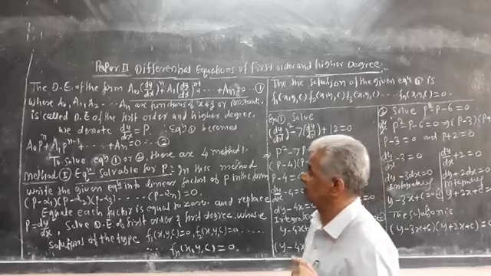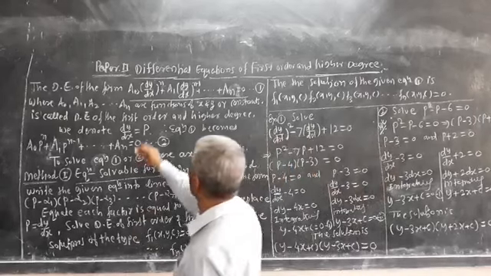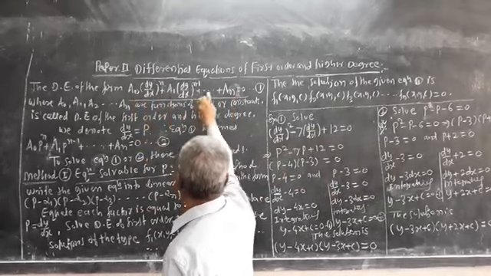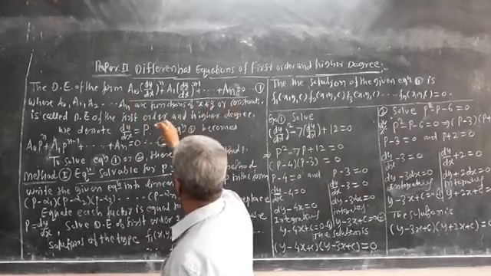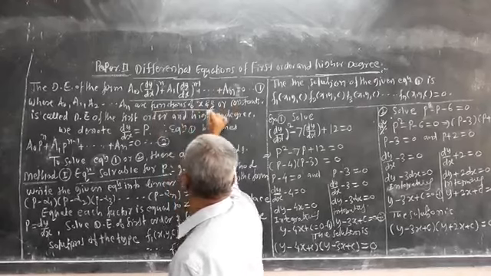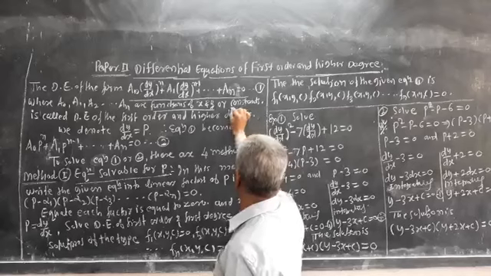And hence we have an equation of this form, where a naught, a1, and so on up to an are either functions of x and y or constants.